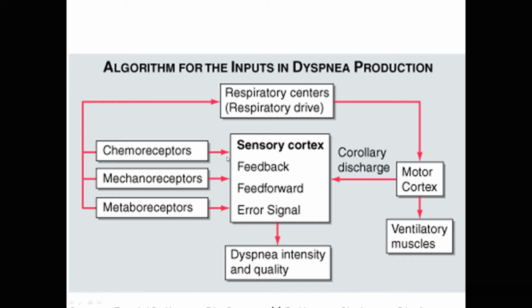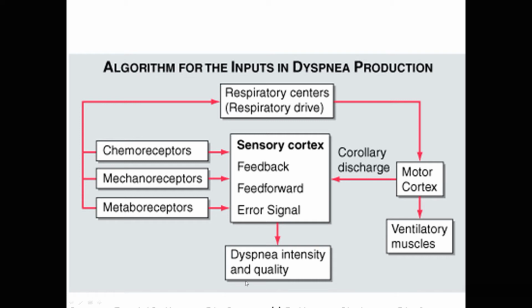the information from the periphery, chemoreceptors, mechanoreceptors, metabolic receptors, is compared with the ventilatory muscular function. So, a mismatch between the ventilatory efforts and the information for the oxygenation will generate the sensation in the sensory cortex.